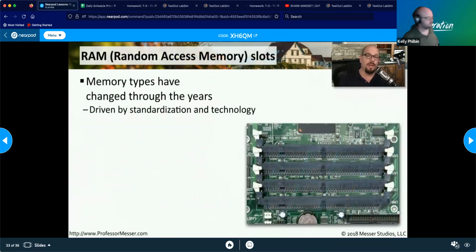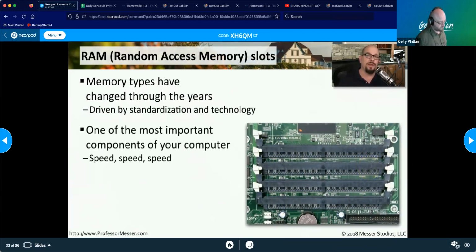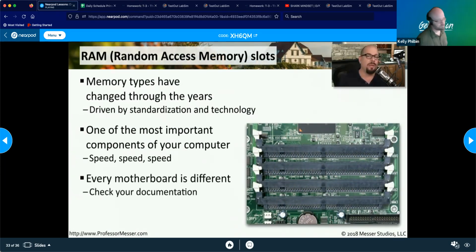Your desktop computer or your laptop will have slots where you can install the random access memory modules. The different motherboards may have different types of slots, but it makes it very easy to add, remove, or upgrade the memory that's in your system. The process of moving information in and out of memory is happening all the time inside of your computer, so the faster memory you have, the faster the overall performance will be of your computer. Every motherboard will be a bit different on how fast these transfers can occur in and out of memory. So check the documentation of your computer to see exactly how fast you can expect your memory to run.